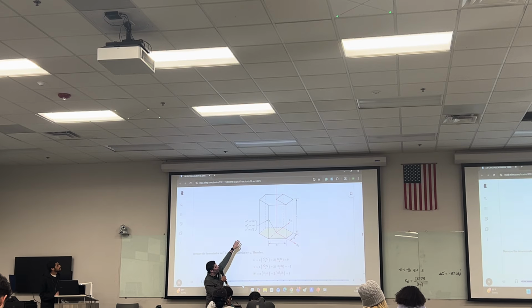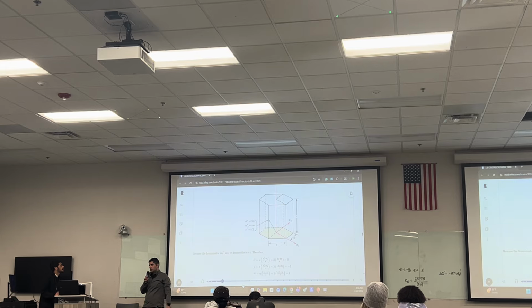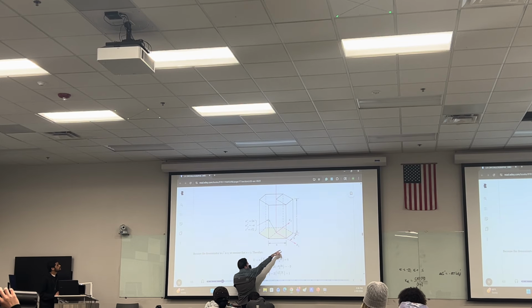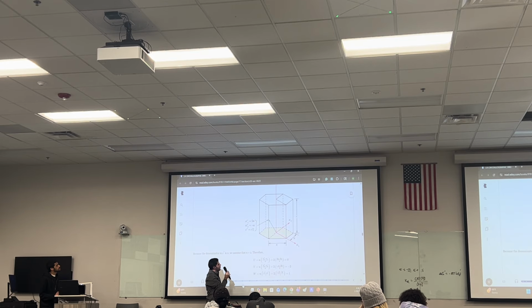So it ends up at -a actually. It's kind of hard to imagine, I know, but if you project that end point with respect to these axes, that's what you get. And you do the same thing with regard to A2 and the Z-axis, and that's how you get U, V, and W.